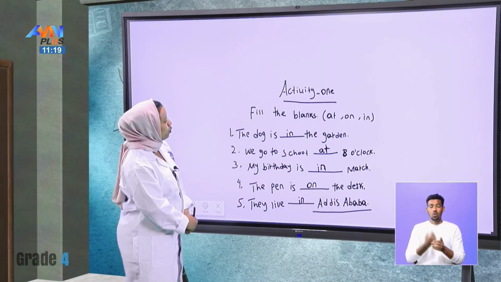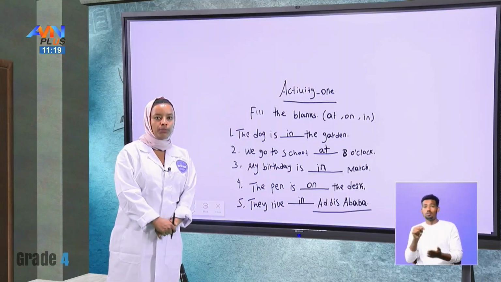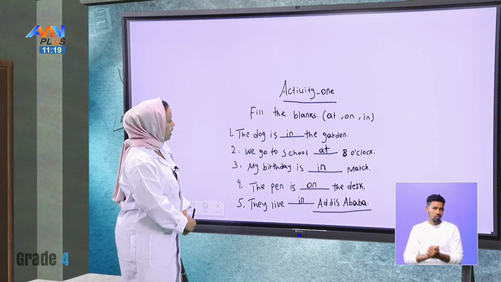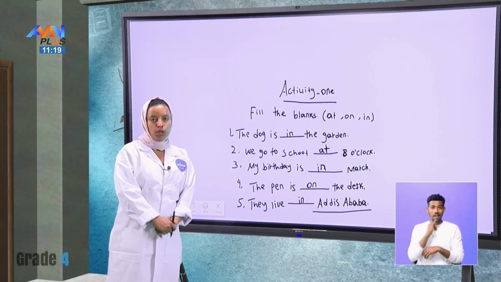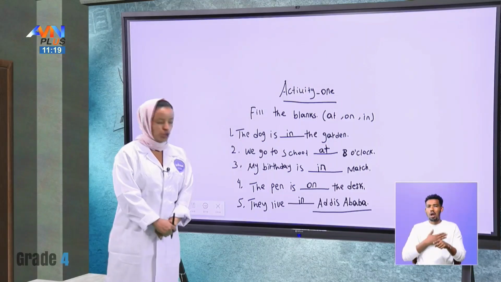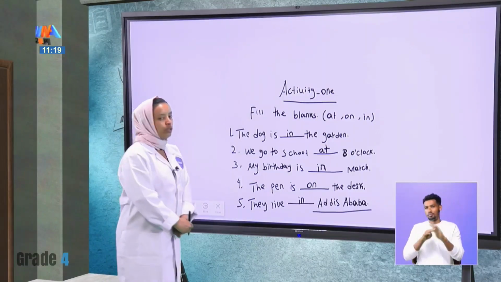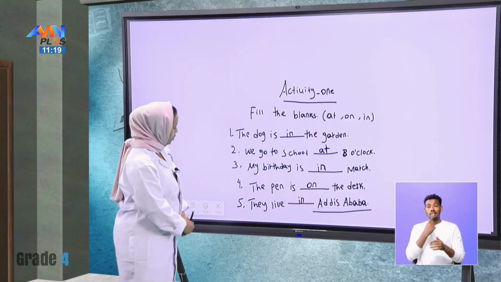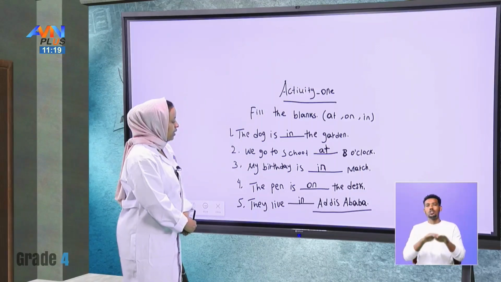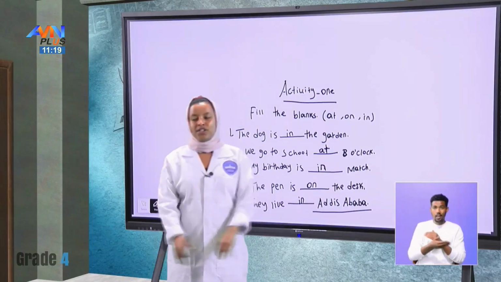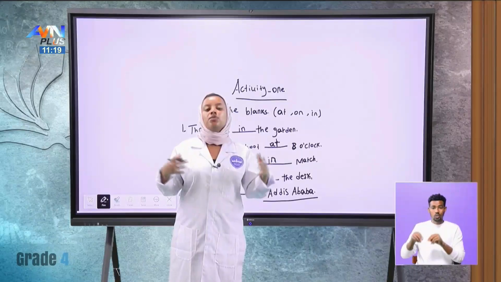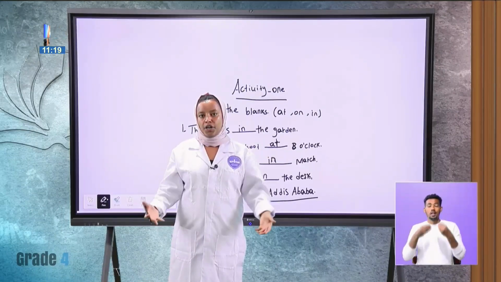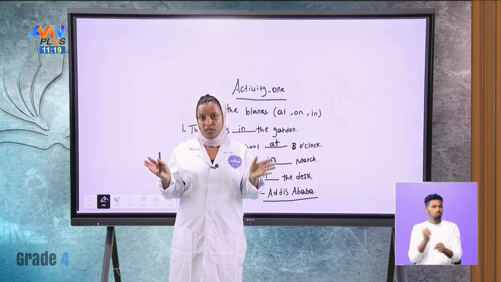We go to school at 8 o'clock. My birthday is in March. The pen is on the desk. Question number 5, they live in Addis Ababa. Students, this is activity 1. Let me give you more. Keep going and stay with me.